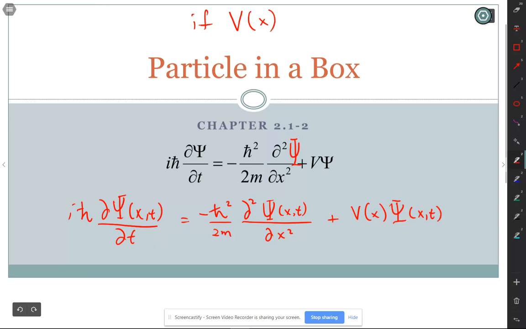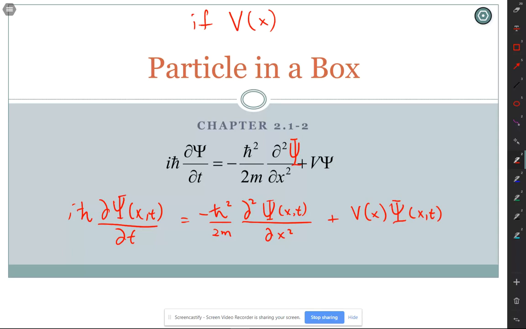Now I've been very explicit where there are x's and where there are t's. And you notice those are partial derivatives. Partial derivative with respect to time means it's treating x as a constant. It's only taking a derivative of the time part. Partial derivative with respect to x is treating time as a constant. It's only taking a derivative of the position part.